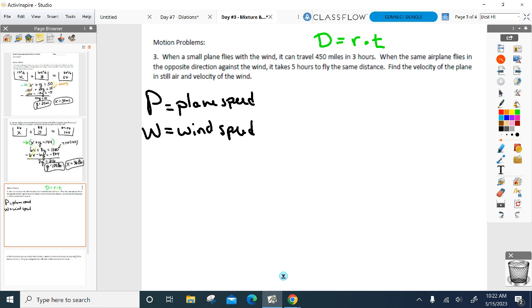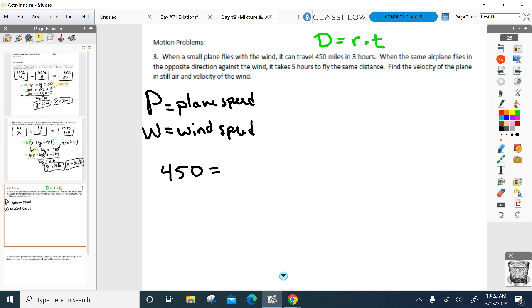Two equations. One going with the wind, one going against the wind. Ready? So let's do with the wind. What's my distance? How far am I going? Okay, ready? 450 equals, and now let me help you out with the rate. Are we going against or with the wind for this one?